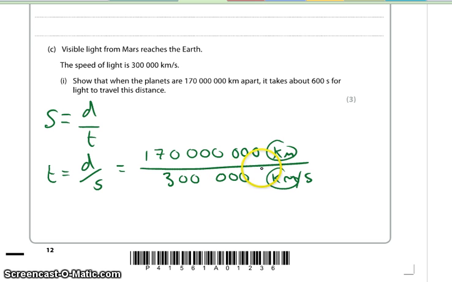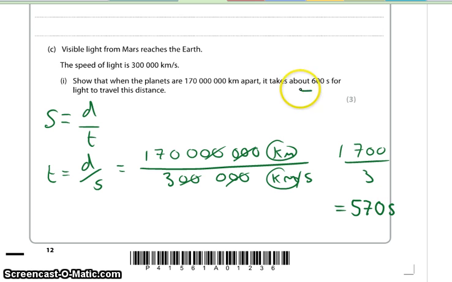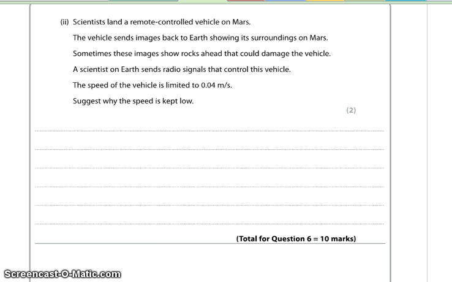So if I do that sum there, and if I cross off 5 zeros off each side, I've got this sum, and the answer that we get, if I round it to two significant figures, is 570 seconds, which is approximately 600 seconds.